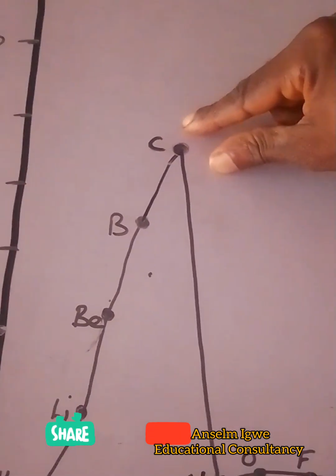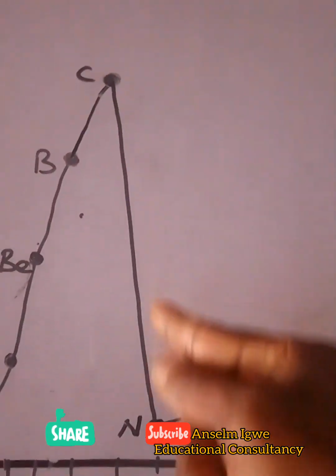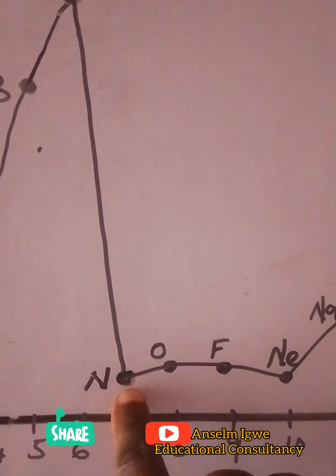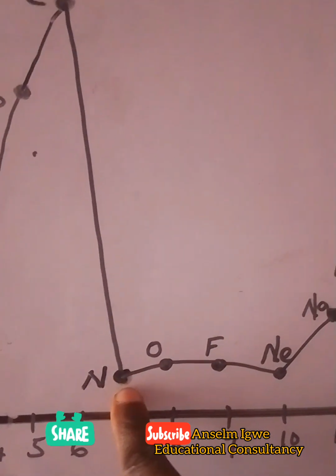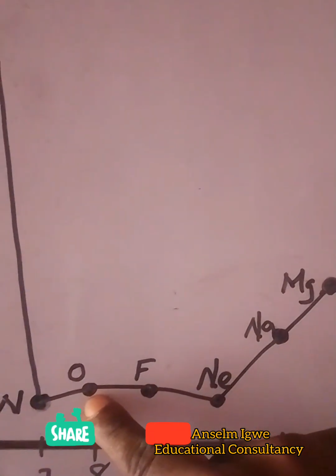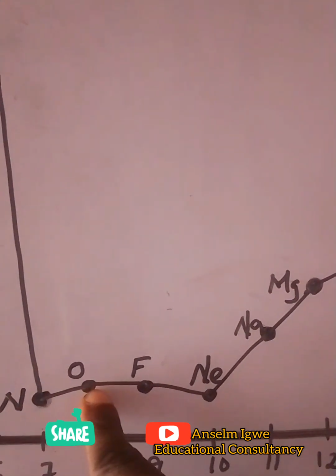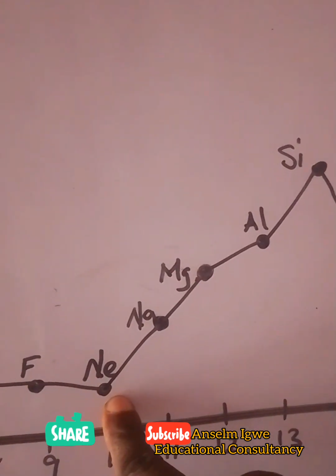Then, after carbon in group 4, we come to group 5. You see the melting point drops. Nitrogen, the melting point is very low. Then it increases a bit to oxygen. Gradually decreases to fluorine, gradually decreases to neon.